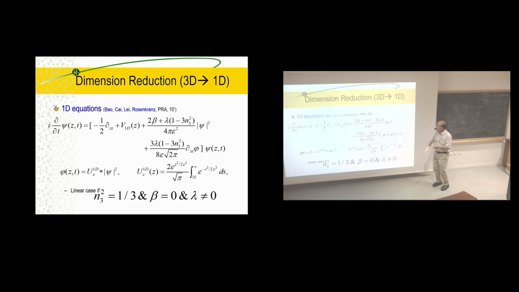That means we can confine this dipole from 3D to 2D completely when epsilon goes to 0, when gamma z goes to infinity. However, you cannot confine this dipole from 3D to 1D completely. Basically, 1 over epsilon x in 1D is not a kernel. In 2D it is, in 3D it is.